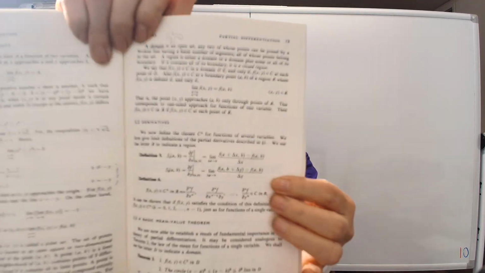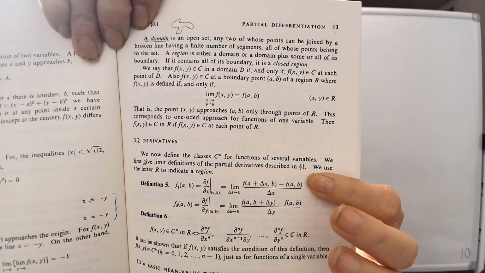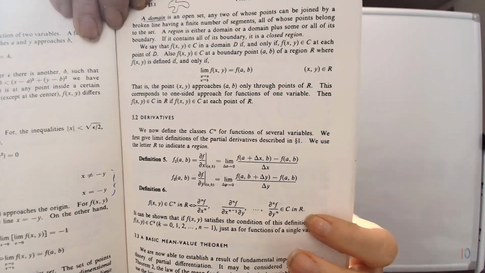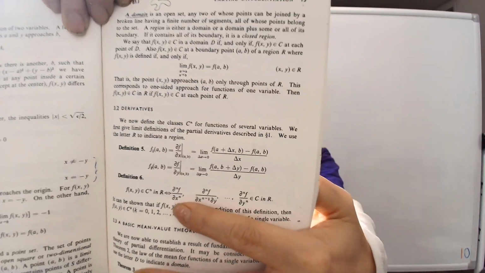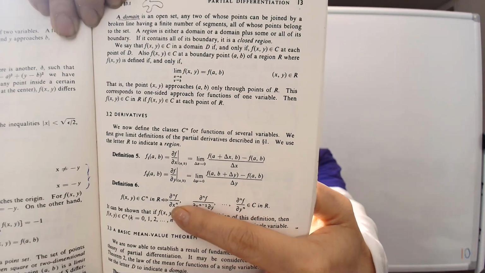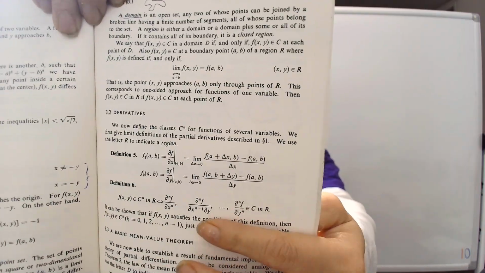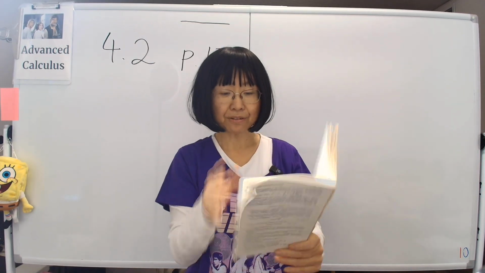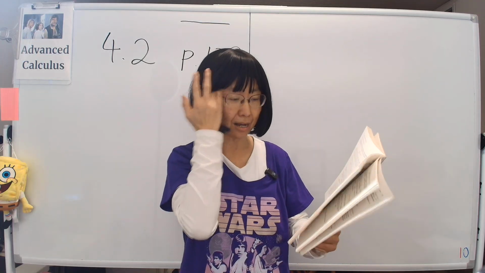Here is the definition also on page 13, where Cn is when the partial derivatives are all continuous up to the nth. In this case, we have C1, so the first partial derivatives. But well, Cn is just whatever nth partial derivatives, all of them, have to be continuous. So the partial derivatives cannot just exist; they also have to be continuous for this thing to make sense.